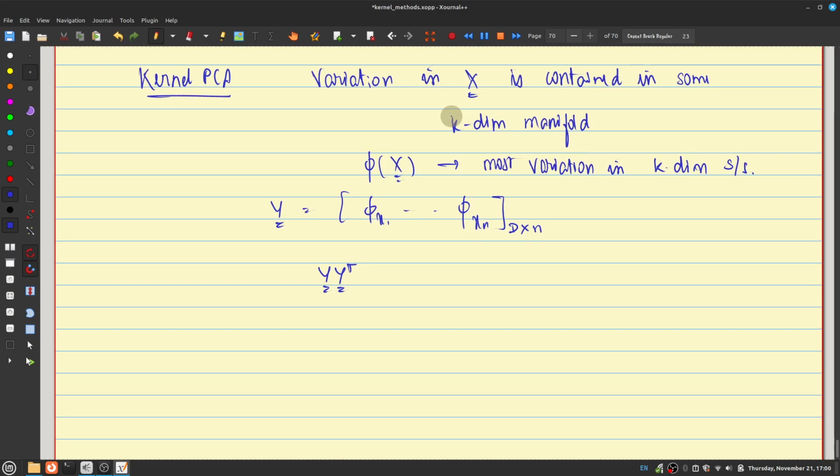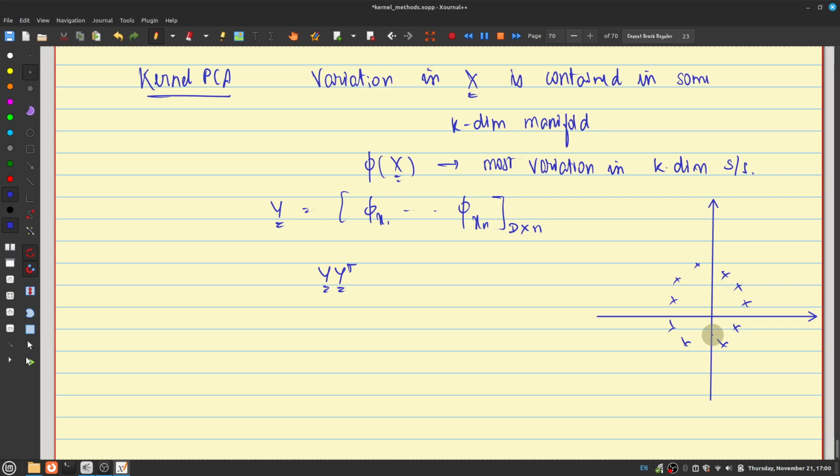So, for instance, suppose all of the data points look like this. So d is equal to 2, but in some sense this lies in a one-dimensional space, whatever that space may be.